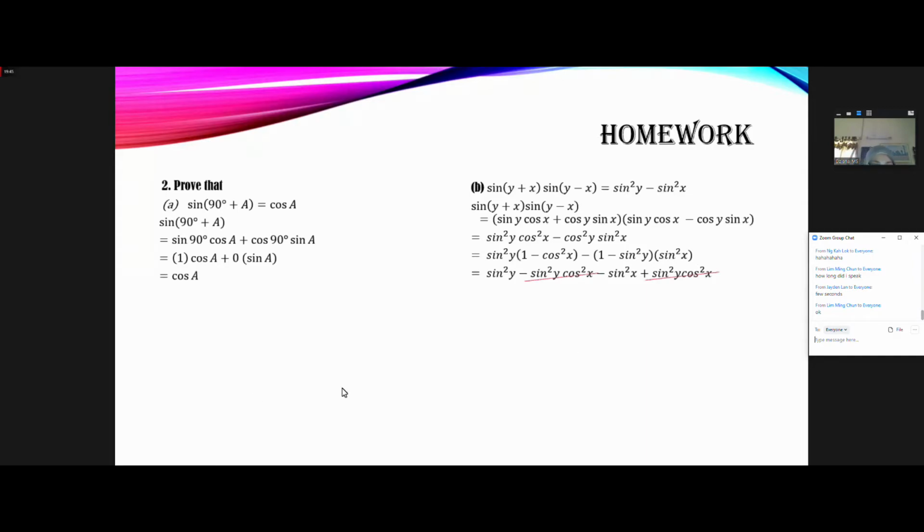Okay, any question? Yeah, but I use cos square x equals 1 minus sine square x. Yeah, that's right. Then the cos square y, I also use 1 minus sine square y. So my equation doesn't have cos inside, so I get the answer also. Yeah, can.